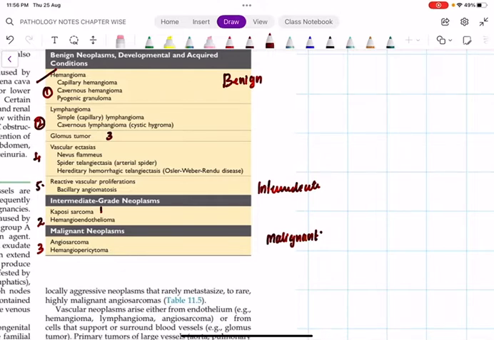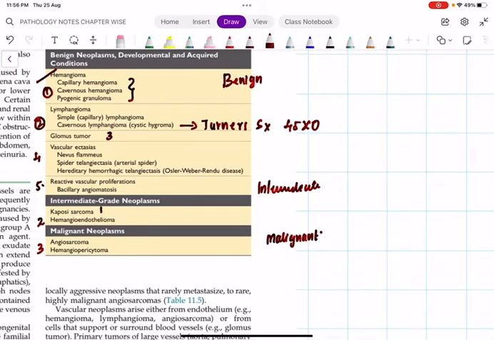Fine? Yes. In hemangioma, we have 3 entities: capillary, cavernous, pyogenic. In lymphangioma, again we have simple or capillary lymphangioma, cavernous lymphangioma, also called cystic hygroma. Yes, cystic hygroma you will get in Turner's syndrome, 45X0.